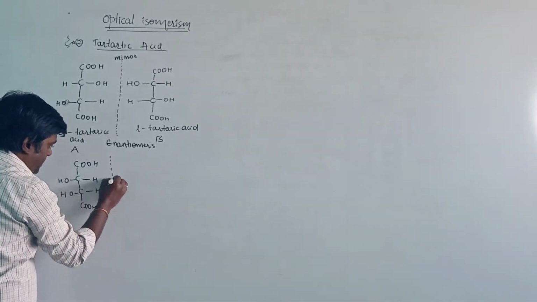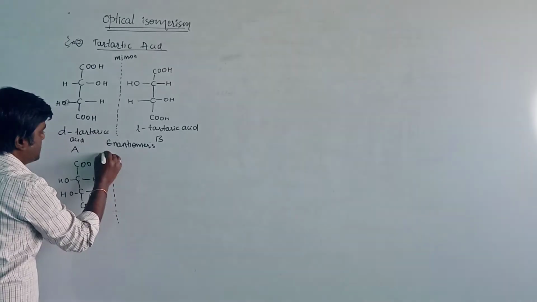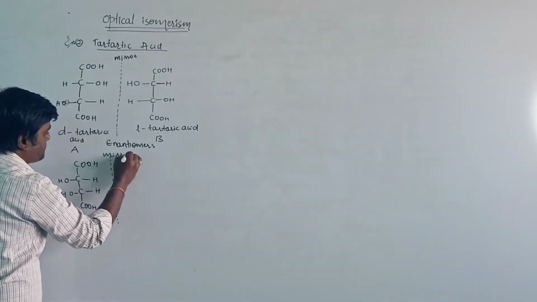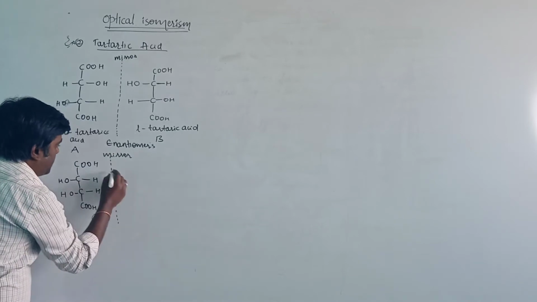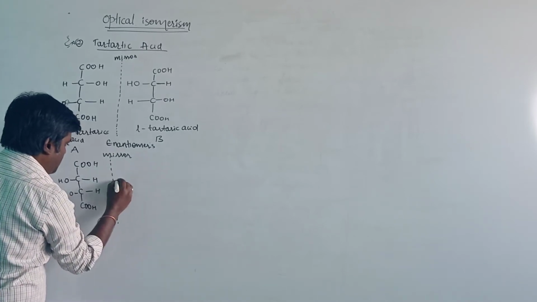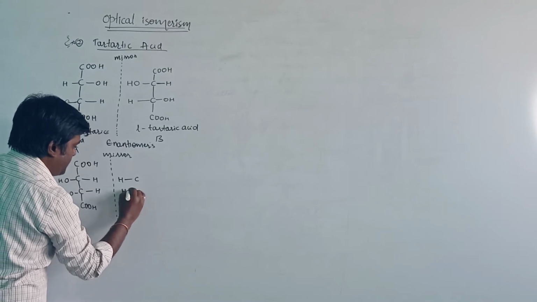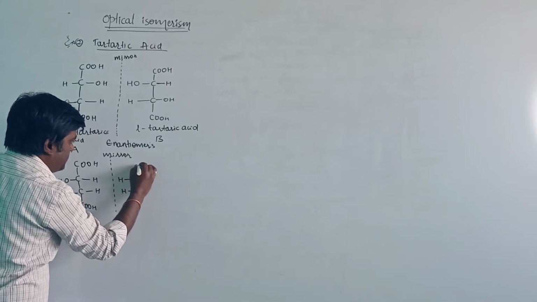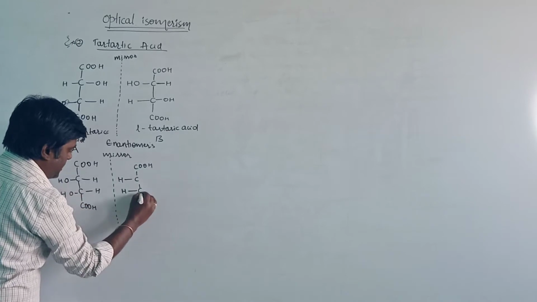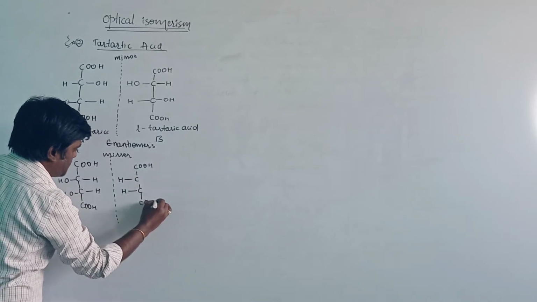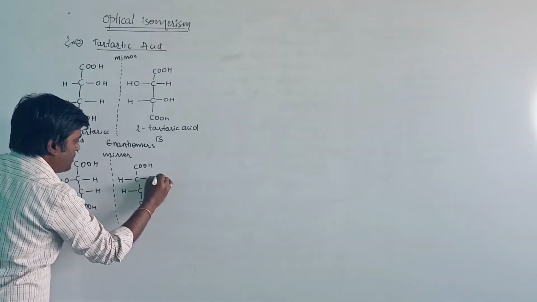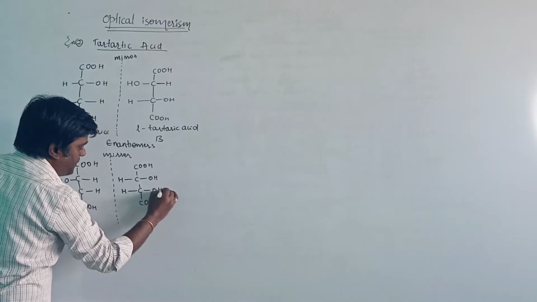When we take the mirror image of this compound, it can be written H here and H here, that is C, then COOH and here COOH. The OH groups are on the same side here.